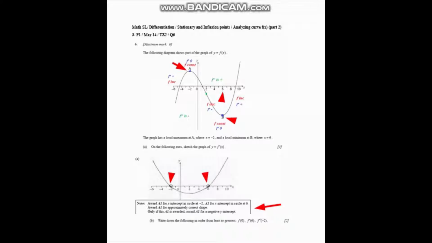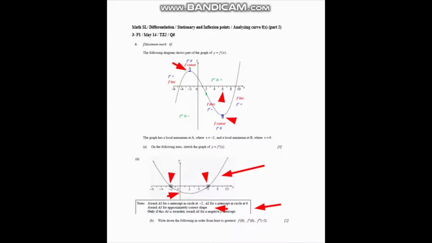You get a mark for an approximately correct shape, by which they mean a quadratic function, a concave upwards parabola. And finally, you get a mark for making sure that the y-intercept is negative, which shall happen automatically if all your other values are correct.